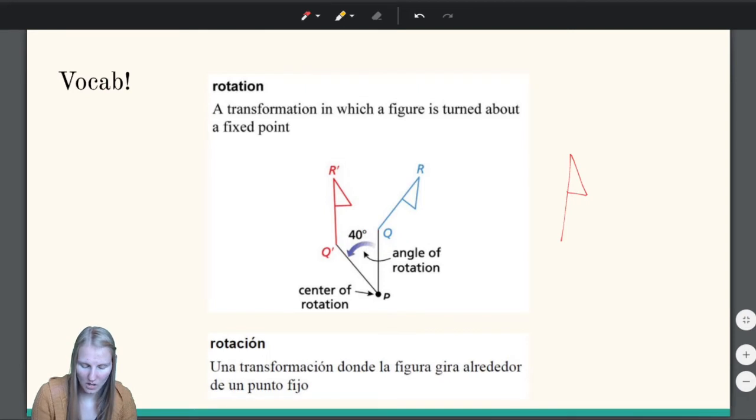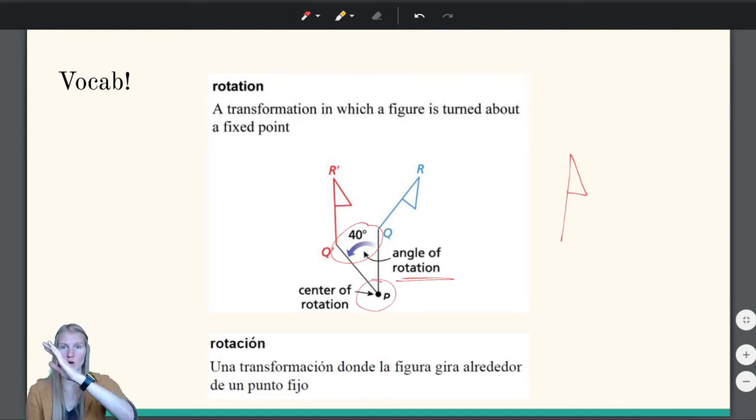So we call the number of degrees that you turn the object the angle of rotation, and the point about which you rotate, so here I'm rotating from my elbow, we call that the center of rotation. For our class, the center of rotation will always be the origin, the middle of our graph. But you can have a different center of rotation.